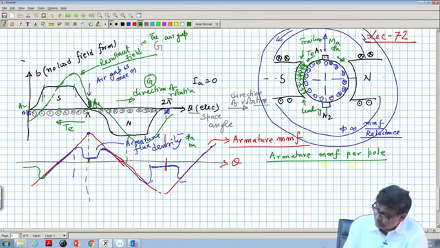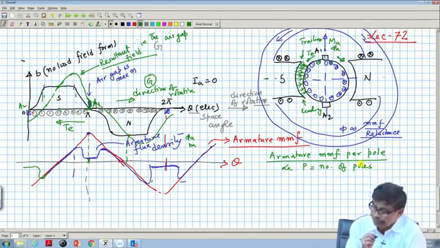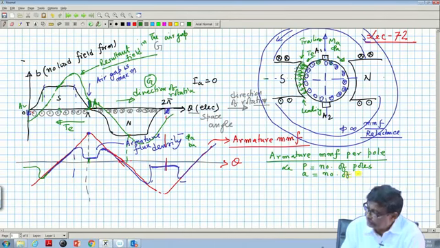Calculations are pretty simple, at least for this. So, this is the two pole representation. Let P is equal to the total number of poles of the machine. A is the number of parallel paths in the armature.